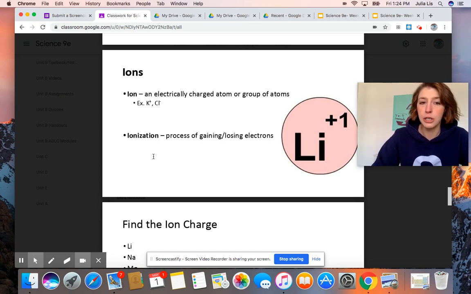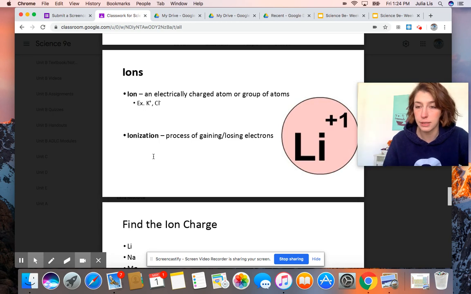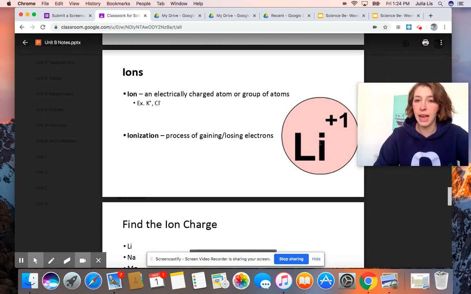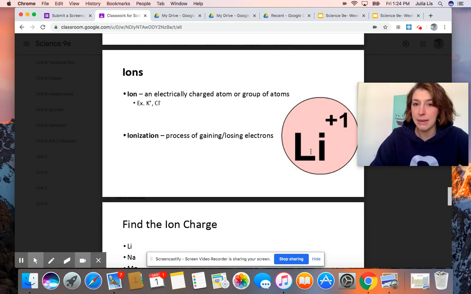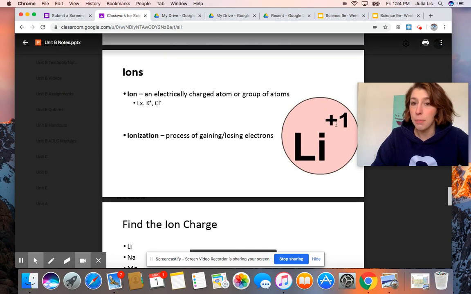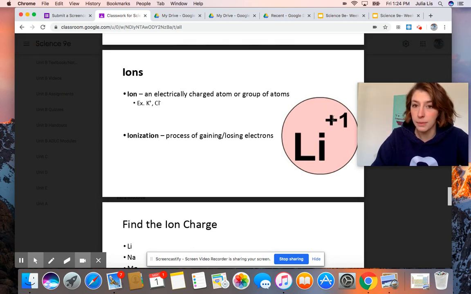The term ionization is a process of either gaining electrons, becoming more negative, or losing electrons and becoming more positive. How that works is, if we look at lithium, and I'm going to post a periodic table with ion charges, the ion charge is typically found in the top right-hand corner of the tile.